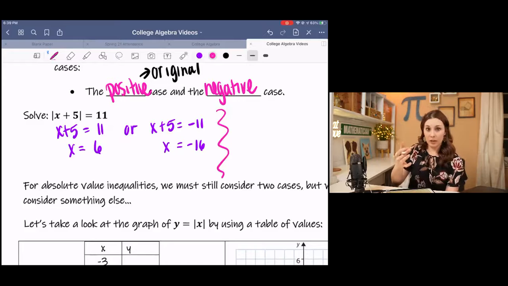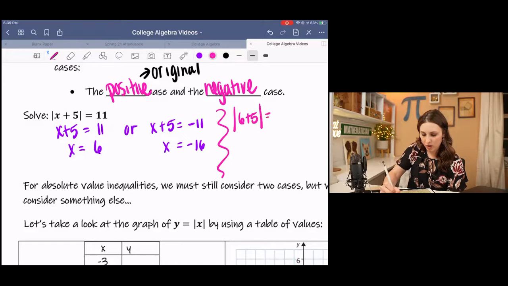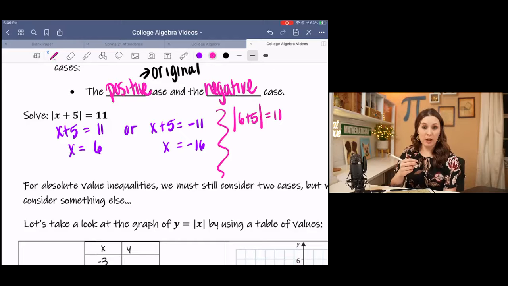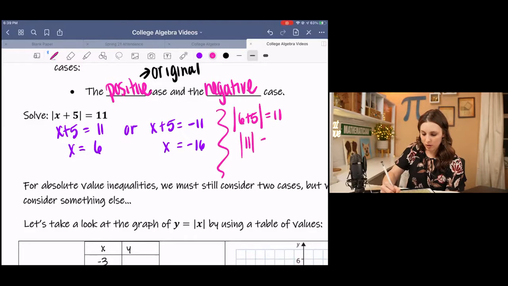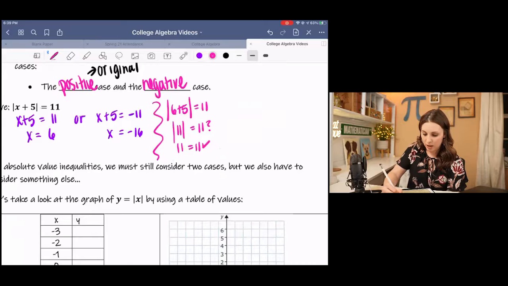Both of those values represent a distance of 11. If we plug that into the original equation, we can see, plugged in 6, one of our values was 6. 6 plus 5 is 11. And the absolute value of 11 is 11. So that one's good. And then -16 plus 5, we want to know if that equals, whoops, I want to do the original case, sorry.